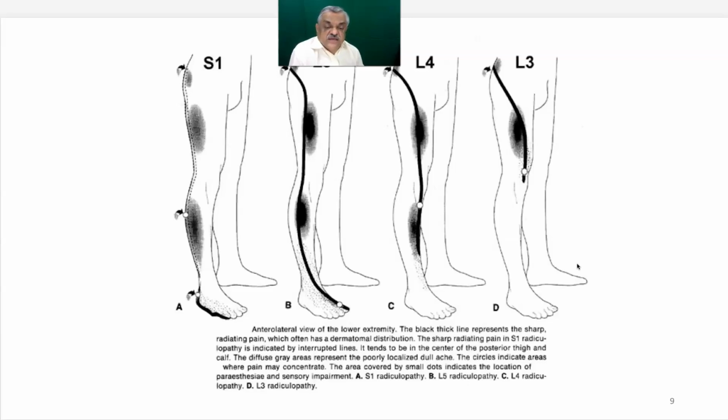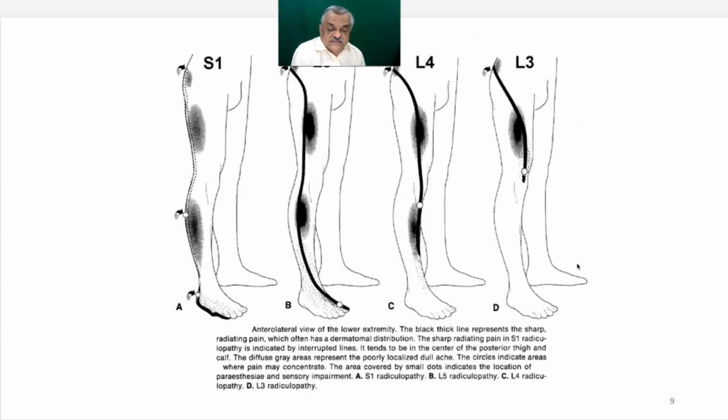radiating pain which has dermatomal distribution. The sharp radiating pain in S1 is indicated by interrupted lines here in this picture on the back of the thigh. It tends to be in the center of the posterior thigh and the calf, and the diffuse gray area represents poorly localized dull ache.